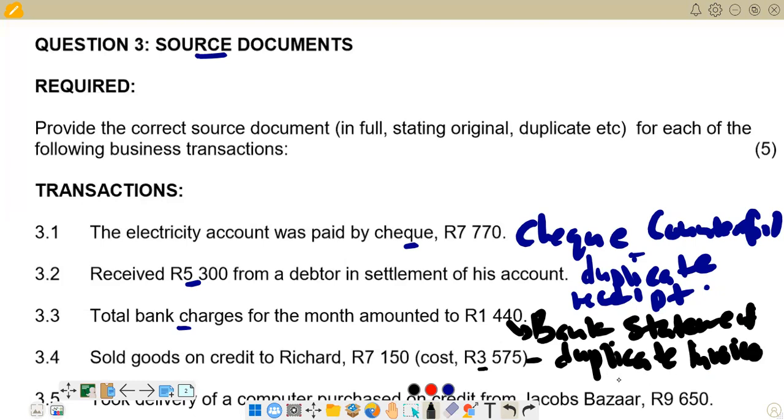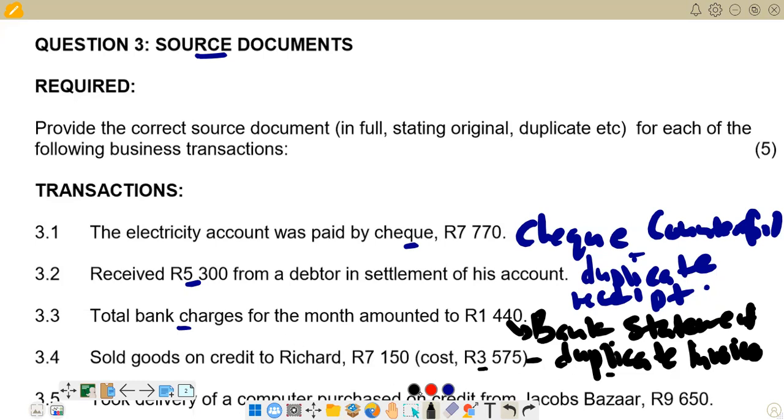When it's a duplicate, what it necessarily means is that there is another invoice that has the same characteristics and the same information as the original invoice. So this duplicate invoice represents our 3.4.